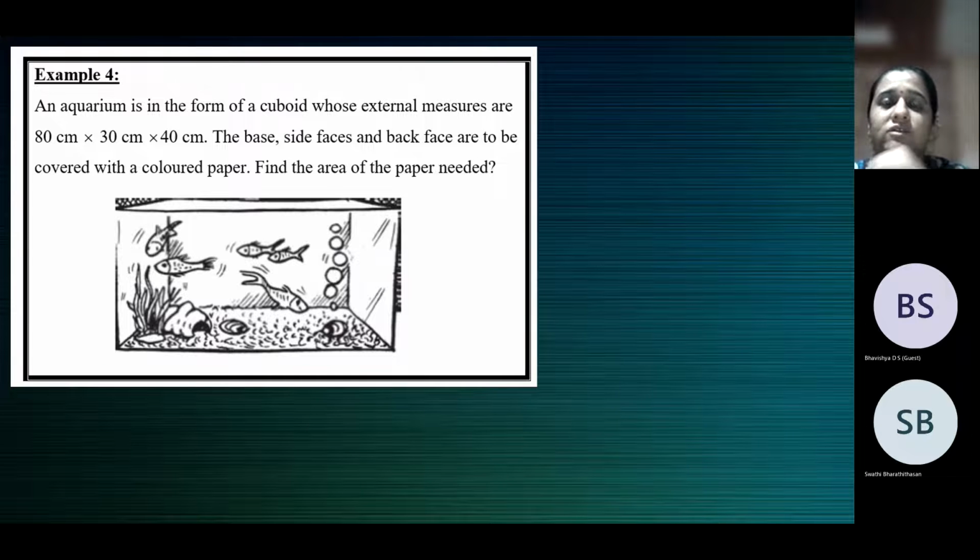So when we say the curved surface area of a cuboid, we have to find the area of only the vertical surfaces. It's only the area of the 4 walls.